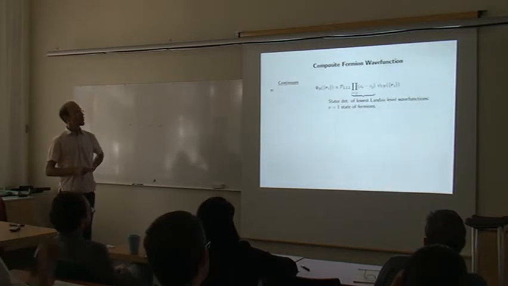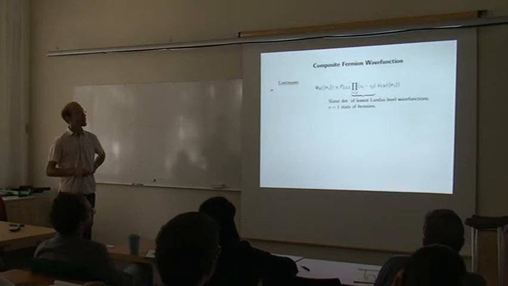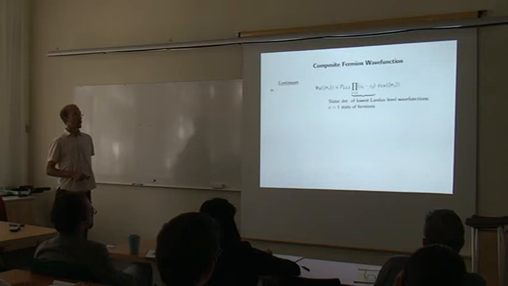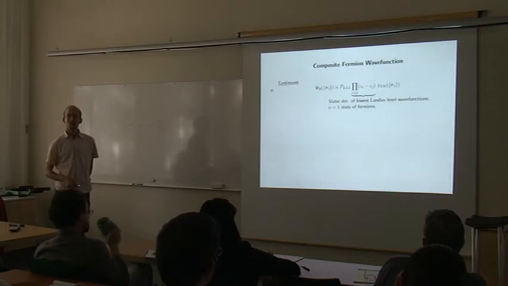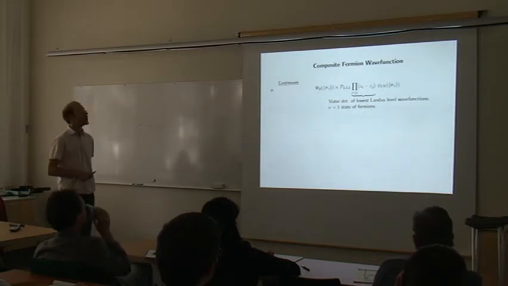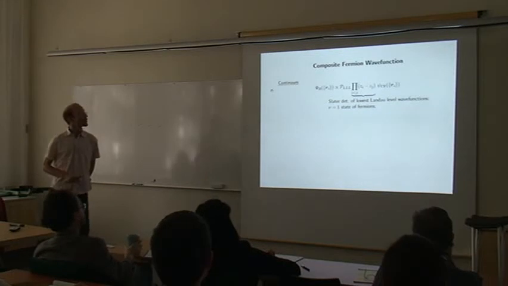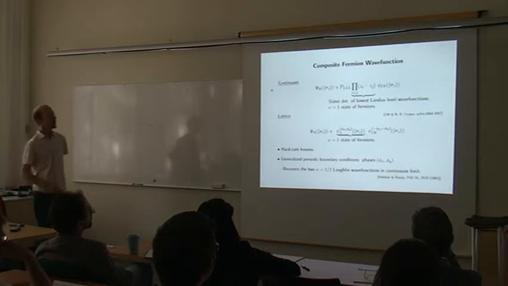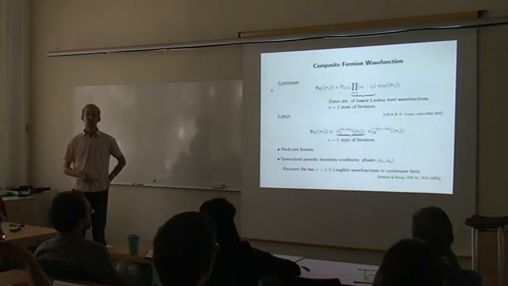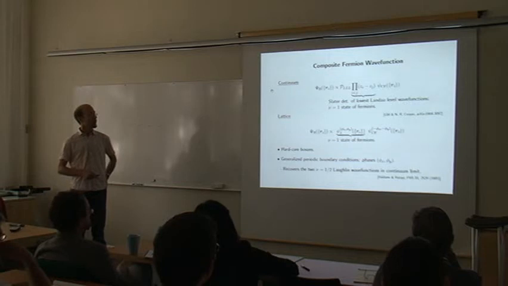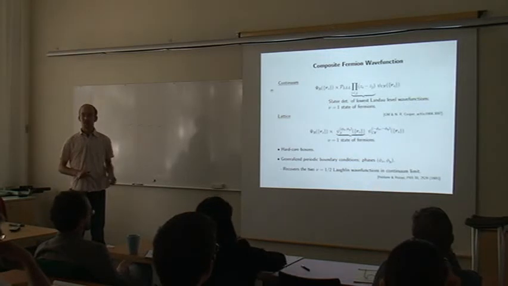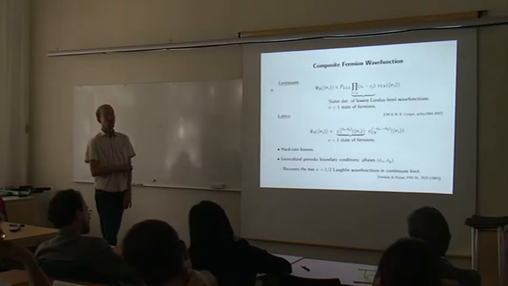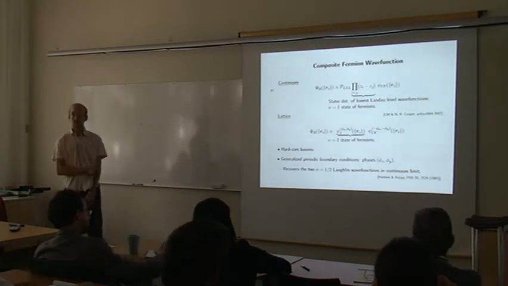We exploit the fact that the Slater determinant of the lowest Landau level wave functions is the Vandermonde determinant, the Slater determinant of all the orbitals in the lowest Landau level. So we construct something analogous on the lattice: we take the numerical spectrum, select the states in the lowest Landau level, and put them in a Slater determinant, which gives us a Jastrow factor.